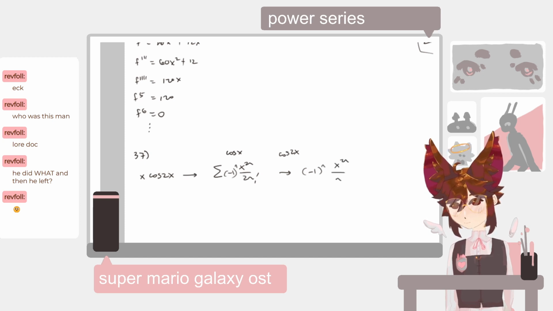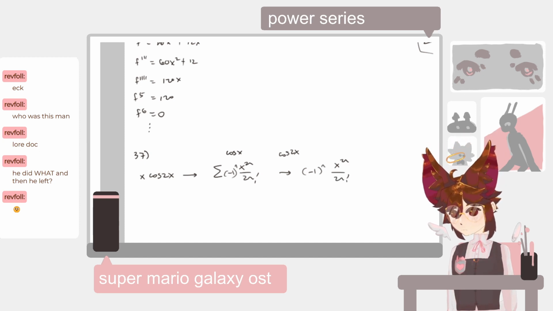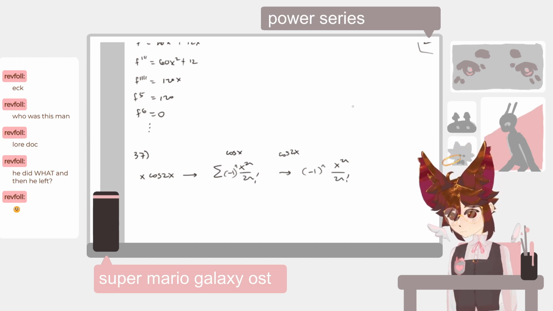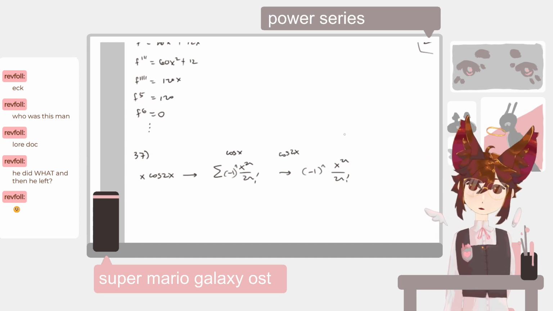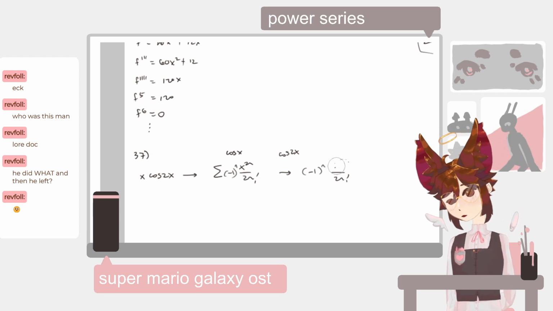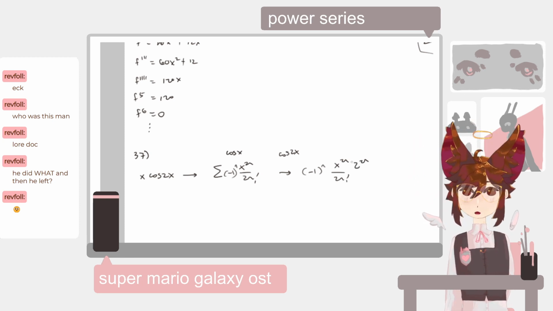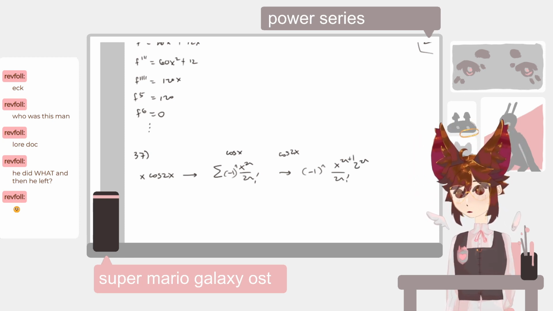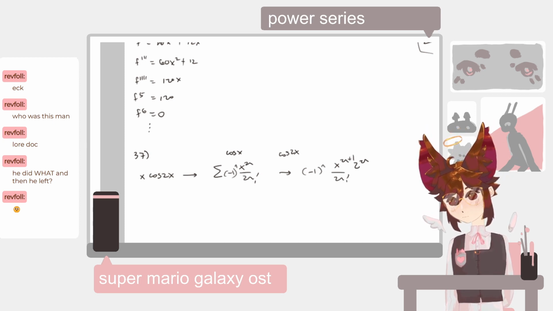So 2n over 2n? Is that not what we do here? Oh, it's a 2. It's not x squared, guys. It's 2 to the 2n. And then we add a +1 here, and then... Yeah, we do that.